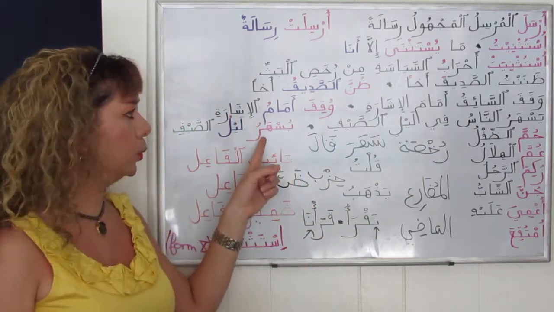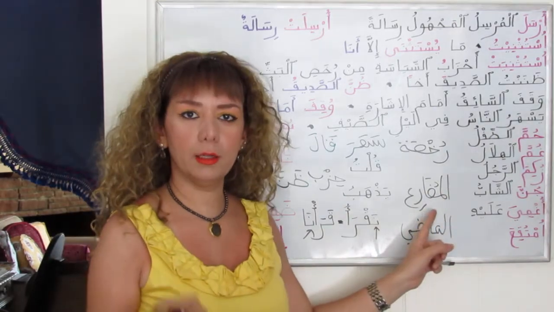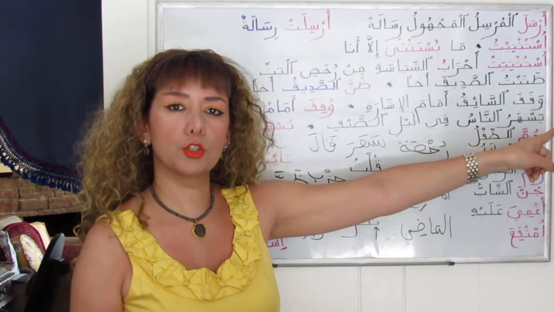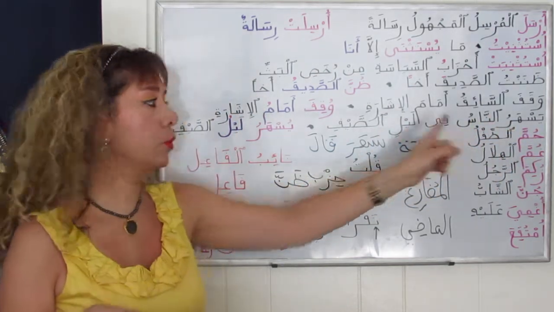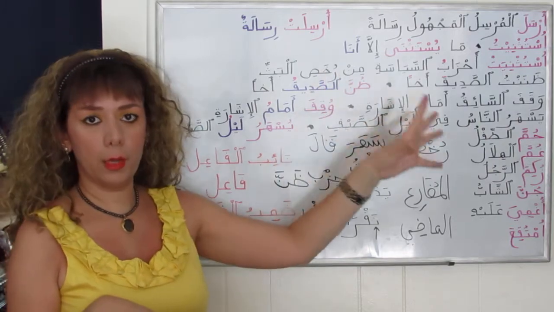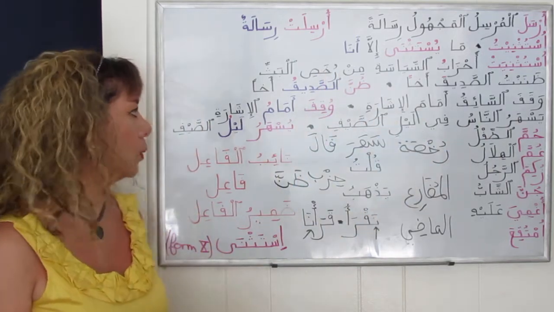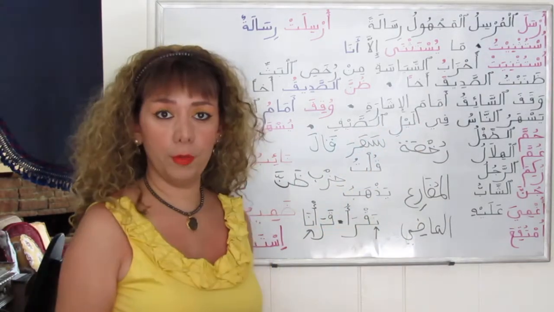So يسهر, this is conjugated in المضارع, the imperfect. So u for the first short vowel, and fatha, we keep the fatha. If we don't have fatha, we have to put fatha before the last short vowel. يسهر, we will get rid of the preposition fi.